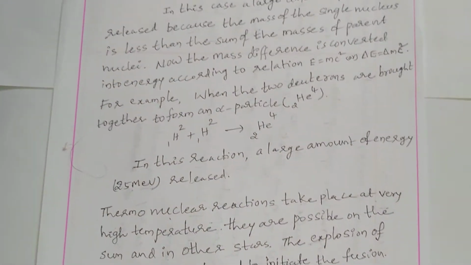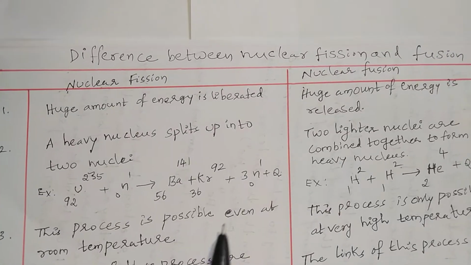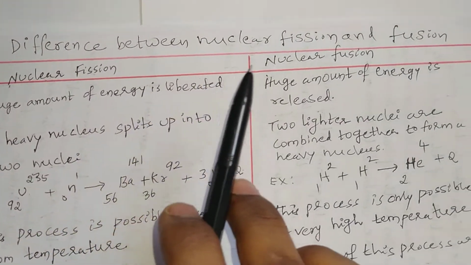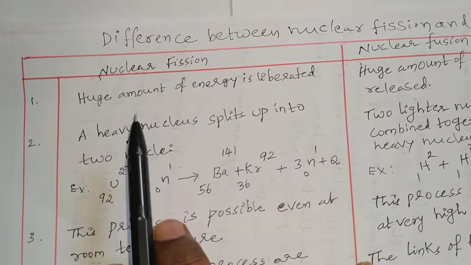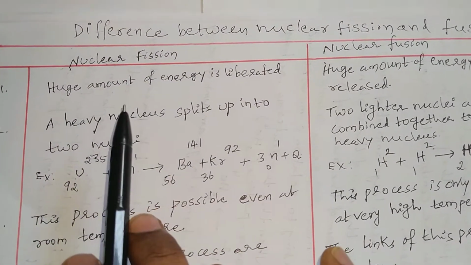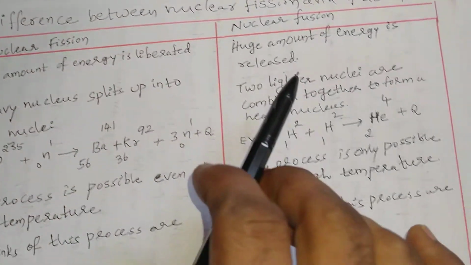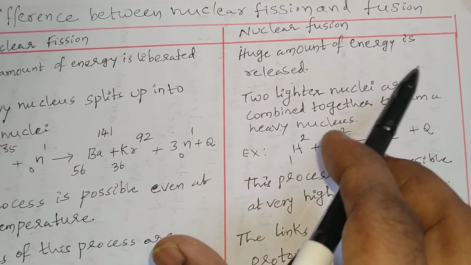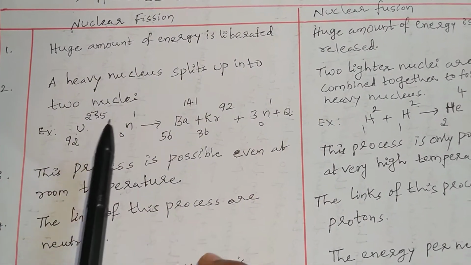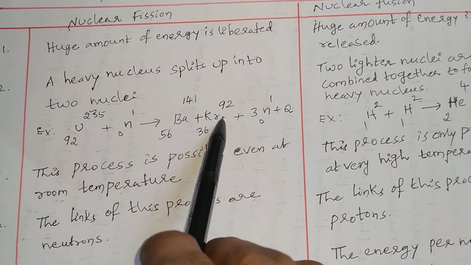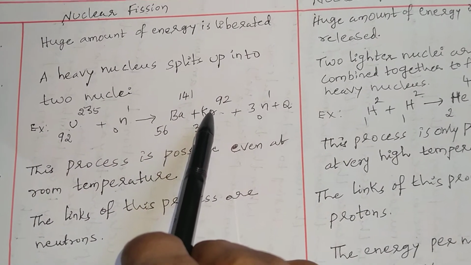Now we discuss the difference between nuclear fission and fusion. In nuclear fission, a huge amount of energy is released. In this case also, a huge amount of energy is released. Here a heavy nucleus splits into two fragments.